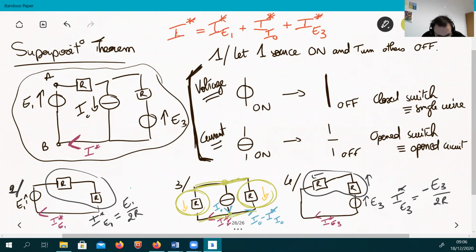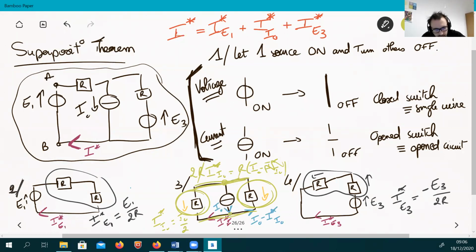Okay, so you end up by saying that R times I star I0 equals R times I0 minus I star I0. And then you got your I star I0 value, which is going to be 2R I0 divided by R. So you get I star I0 equals I0 over 2, and you're done.